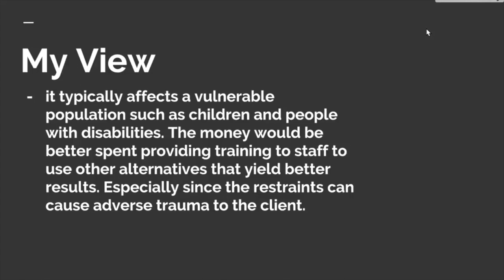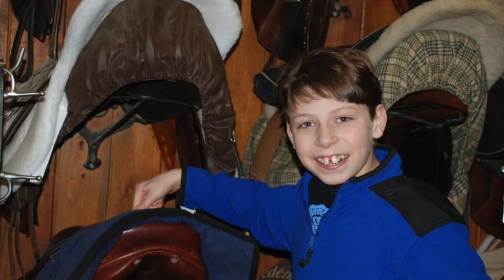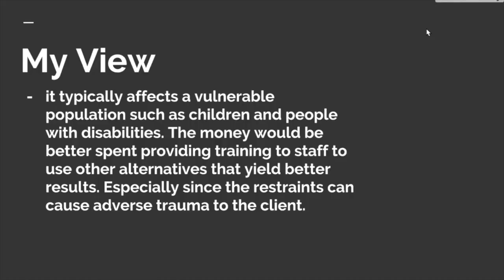I think that they need to look into how they can better educate their staff because while doing my research, in many of the cases, the staff is overworked or they don't necessarily have all the skills needed to work with people with disabilities. And this was very clear in the case of Jonathan Carey, who was an autistic boy in a residential home in upstate New York, where he was physically restrained by the staff.